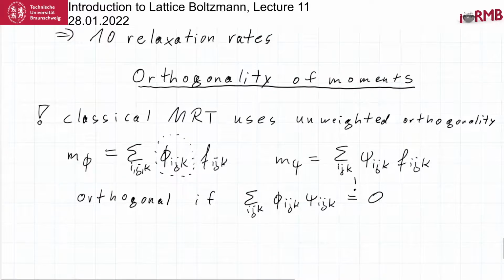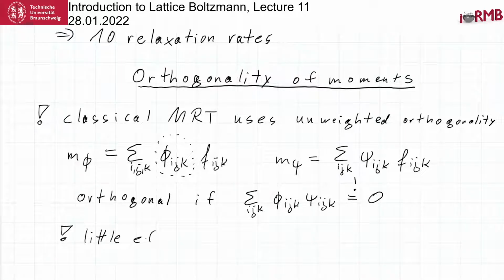Okay, so if you define things like this and you do this in 2 dimensions, what you find is that it has little effect in the 2D Navier-Stokes equation. So little effect means it is neither harmful nor does it help with anything. It's just not doing anything other than if you would relax the countable moments itself.